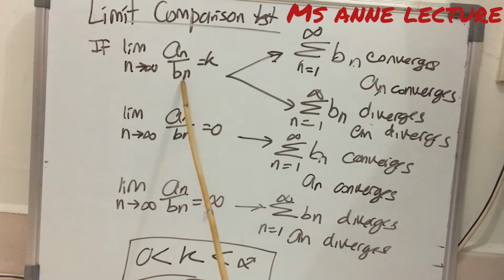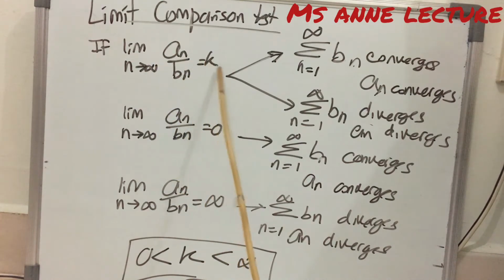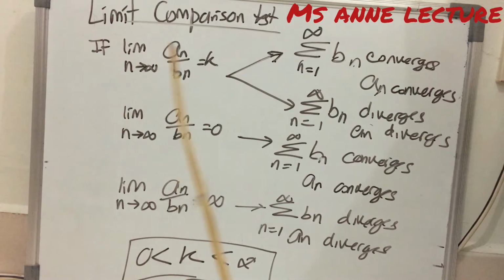So k can be greater than 0 up to infinity, so the value between 0 and infinity. You might get the value of 0, you might get the value of k, which can be any number, and then you can also get the value of infinity, positive or negative infinity.